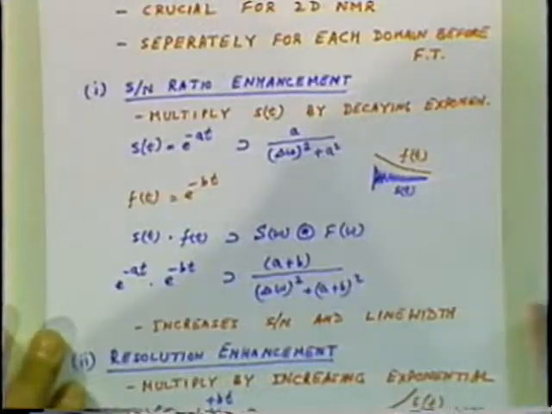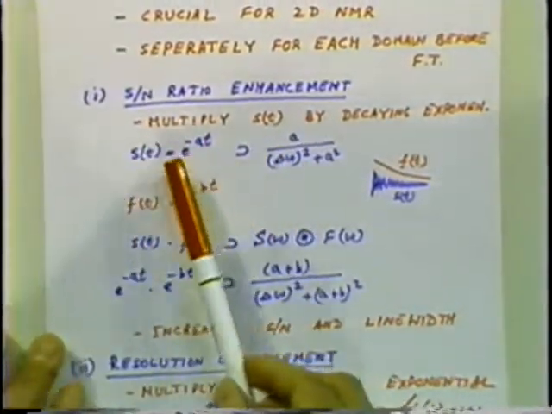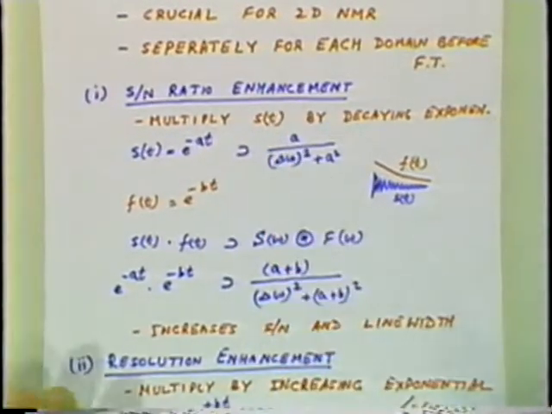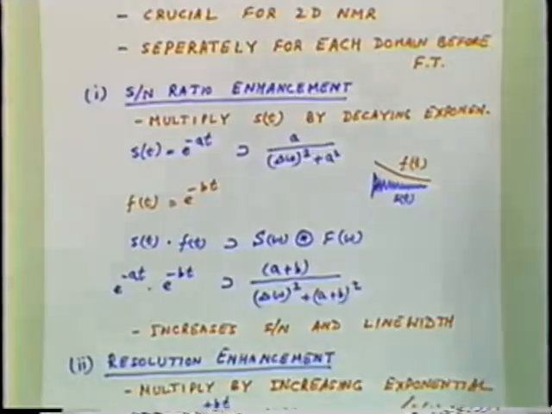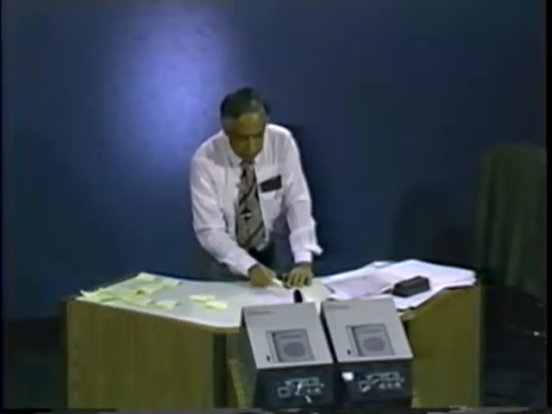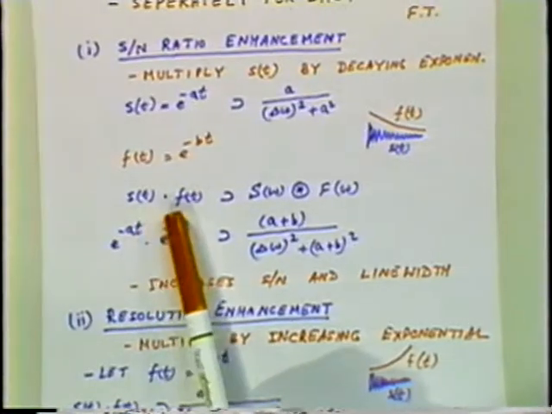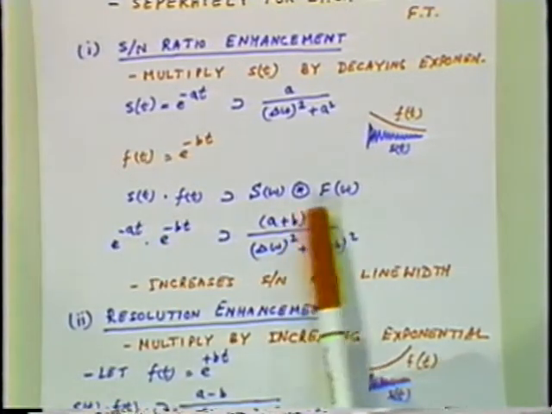One of the simplest functions that we are familiar with is the signal to noise ratio enhancement function, which is multiplication by a decaying exponential. Multiplication by any function in the time domain does a convolution in the frequency domain.